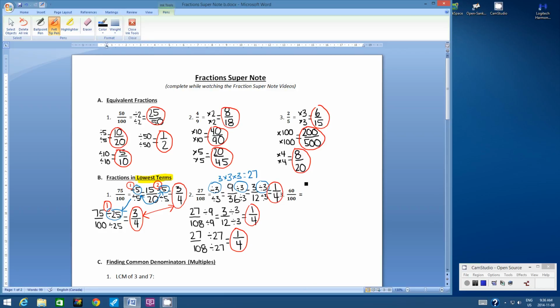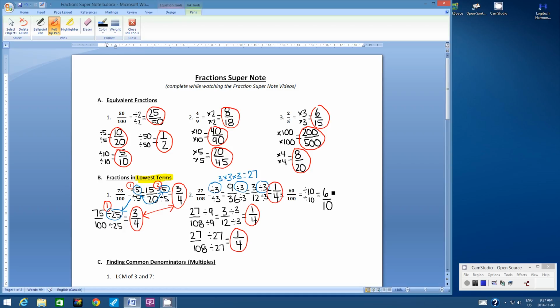60 over 100. So divisibility rules by 10, right? So how about we try dividing the top and the bottom by 10? And I'd like you to work this out, please. All right, numerator 60 divided by 10 is 6. Denominator 100 divided by 10 is 10.